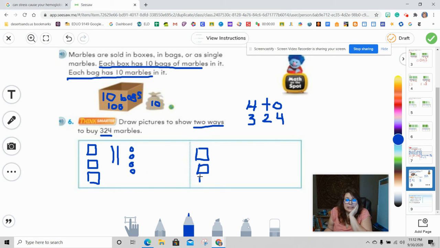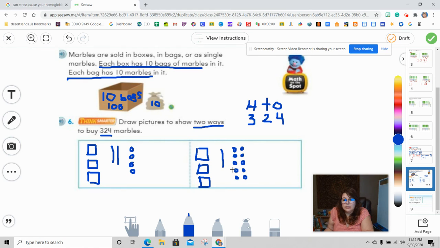But now I want to make it different on the tens. So instead of 2 tens, I'm going to draw 1 ten. But I still have to give that 10, but they're going to look different. They're going to look like singles. So one of those tens, I'm going to draw 1, 2, 3, 4, 5, 6, 7, 8, 9, 10.